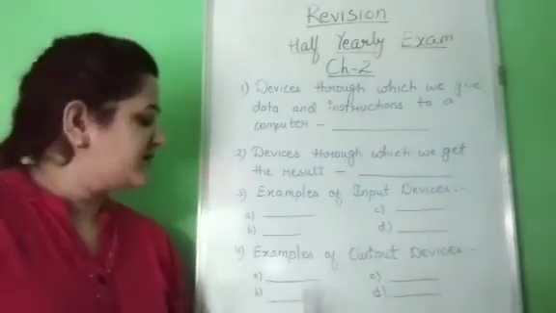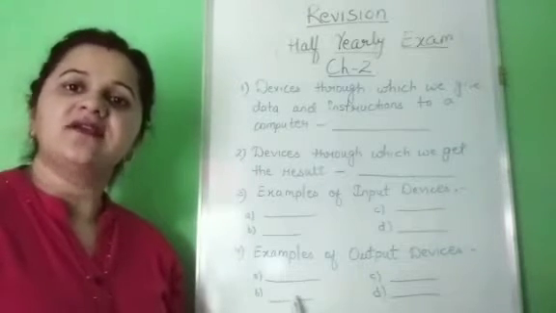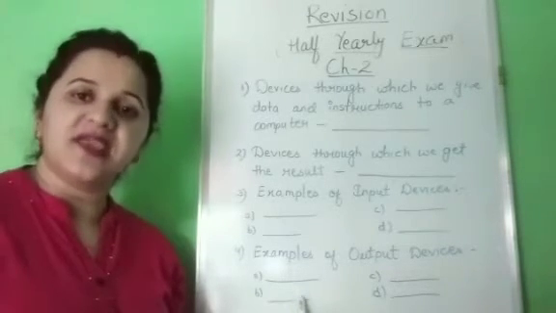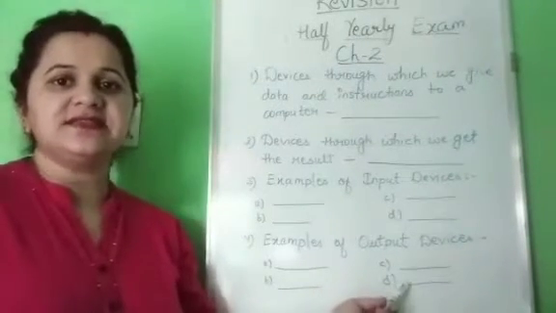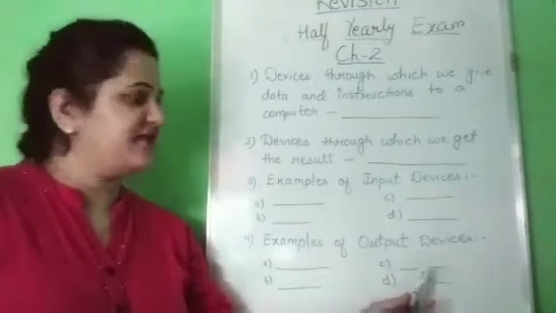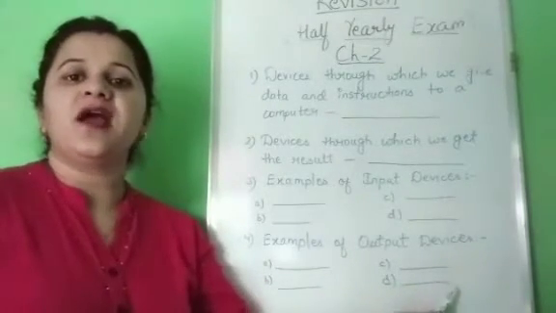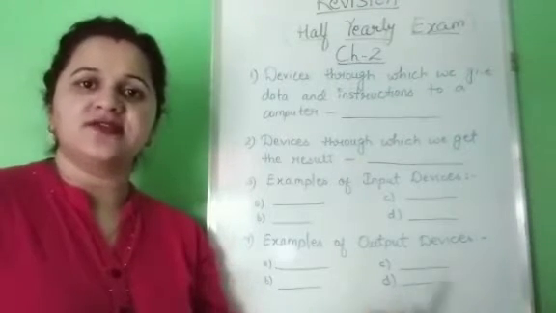Okay children, next speaker, S-P-E-A-K-E-R, speaker. Okay, now here you can write LCD, projector. LCD you will write in capital, and then projector, P-R-O, pro, J-E-C, jec, T-O-R, projector.